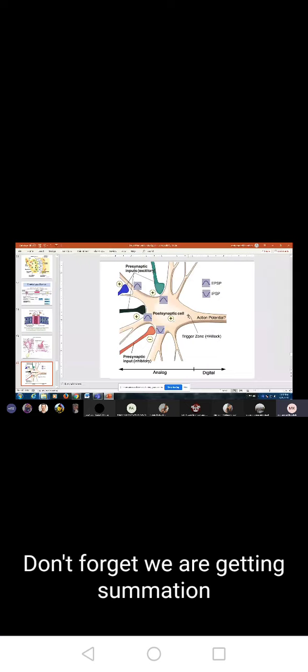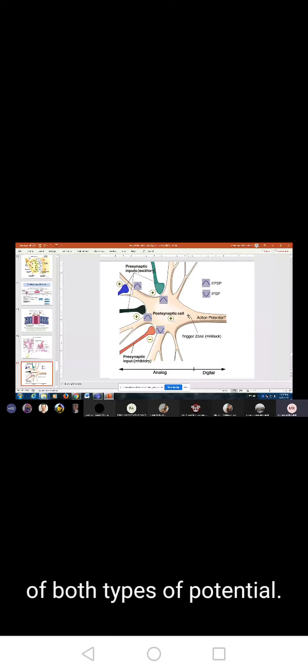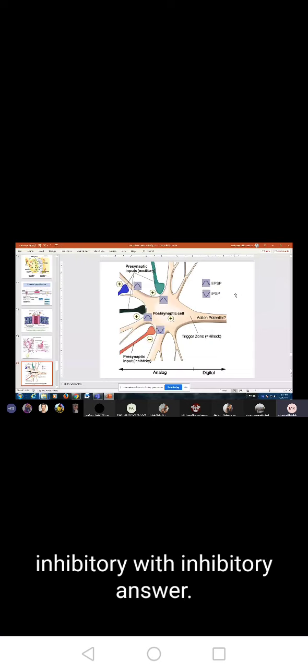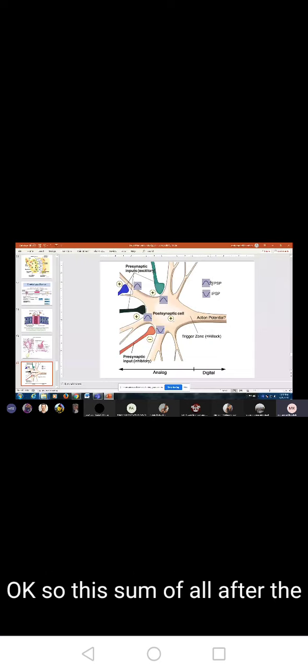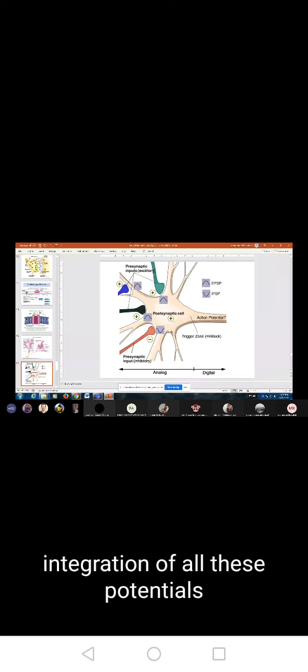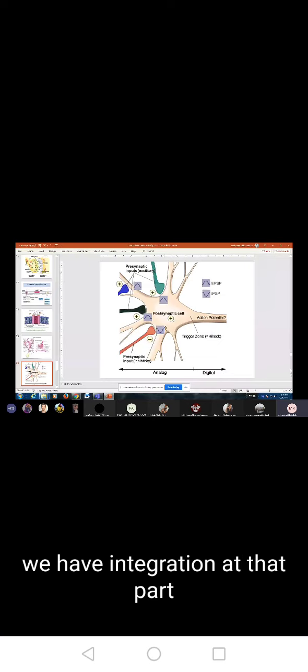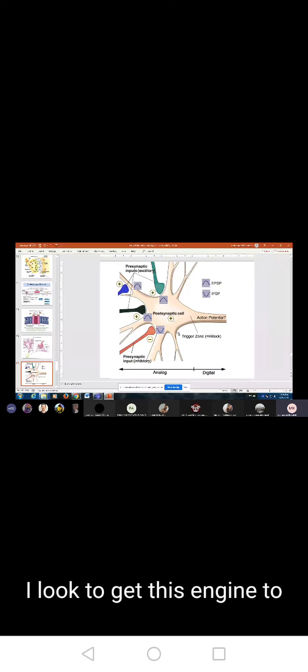Don't forget, we are getting summation of both types of potential: excitatory with excitatory, excitatory with inhibitory, inhibitory with inhibitory, and so on. Okay? So after the integration of all these potentials at that part of the axon, which is called the axon hillock, we get the decision to generate or not generate action potentials.